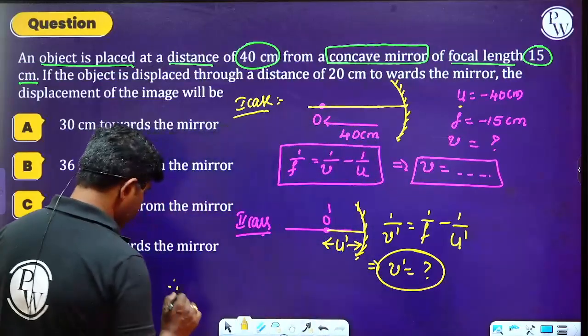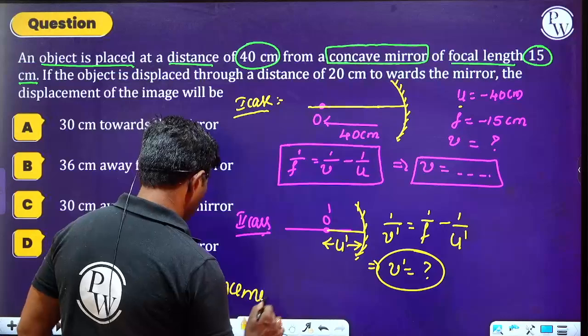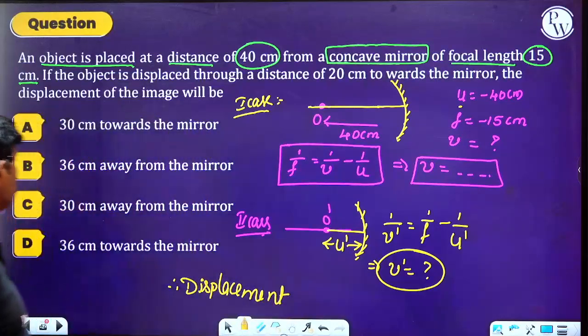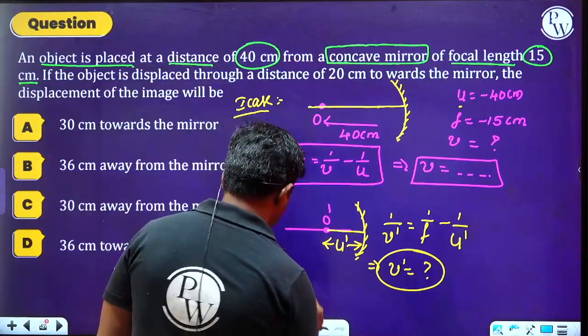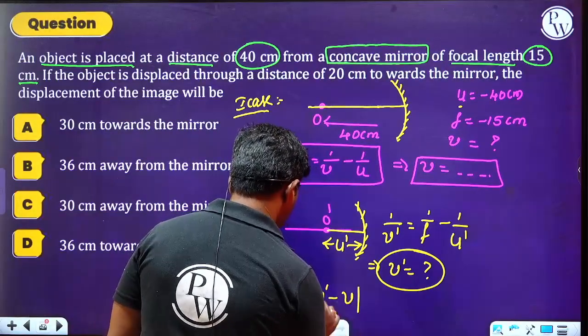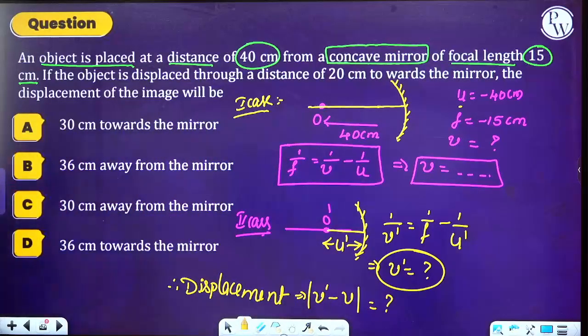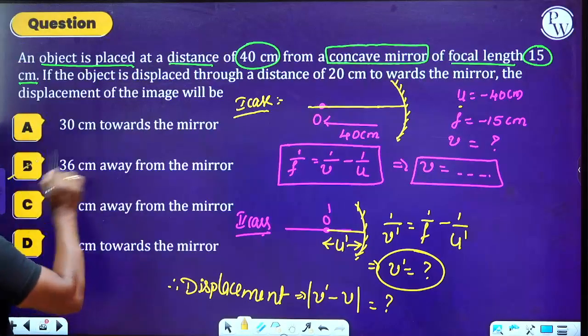Therefore, what is the displacement? Displacement is equal to final minus initial, that is v dash minus v. You calculate, then you will get the answer. Whenever we do simplification here, you will get the answer: 36 centimeter away from the mirror.